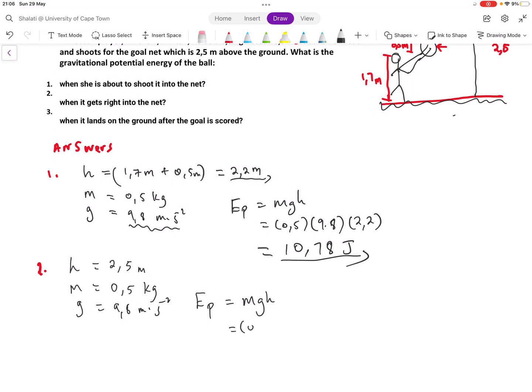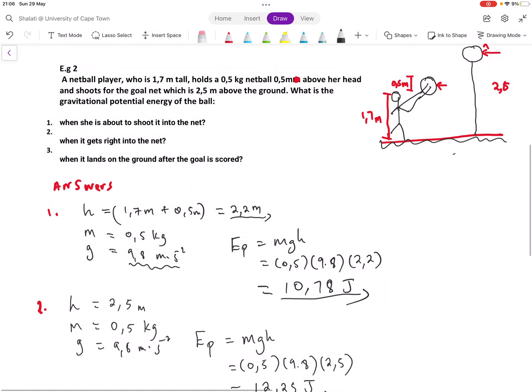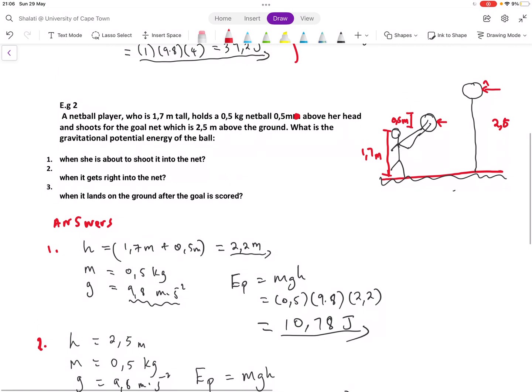So m is 0.5, g is 9.8, height is now 2.5 meters. Then you just put it in the calculator, you get 12.25 joules.